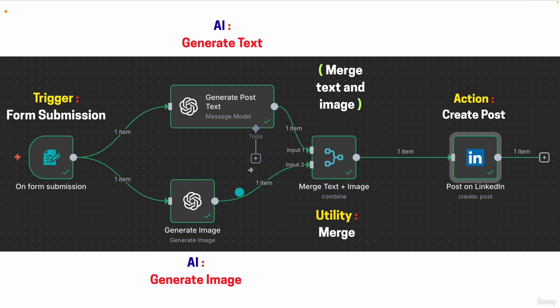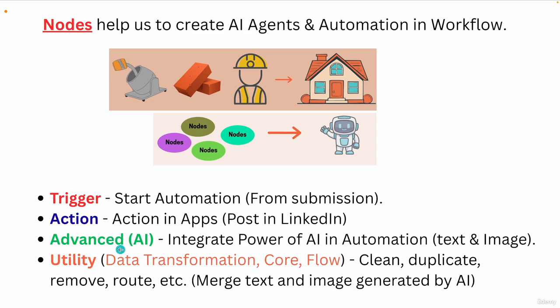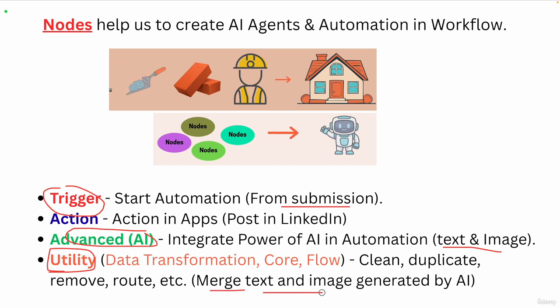So what we will use is the merge node. Notice carefully, we have used a trigger node and an AI node. We used the trigger to generate the form, and AI to generate the text and image. Now we will use a utility node, and remember, the utility node is helpful if you want to play with the data. The utility node helps us merge the text and image generated by the AI.